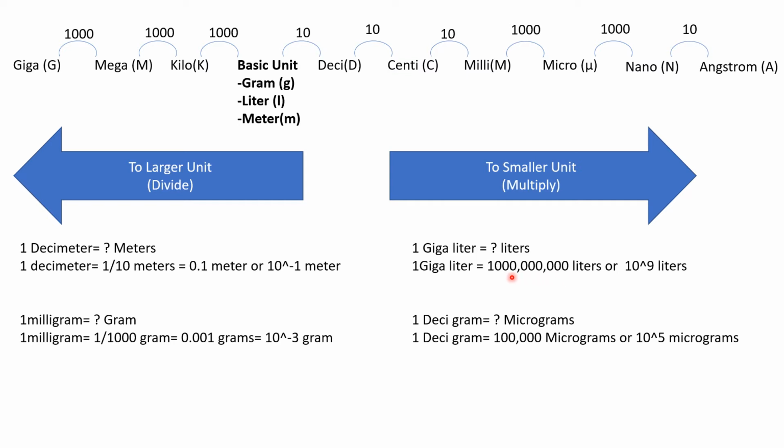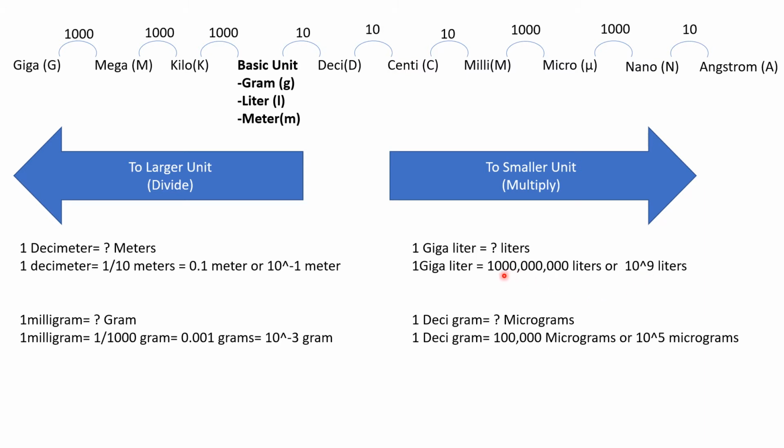So an easy way, instead of writing all of those zeros down, is to use what's known as scientific notation. In scientific notation, we say 10 to the power of how many times you are moving your decimal towards the right.